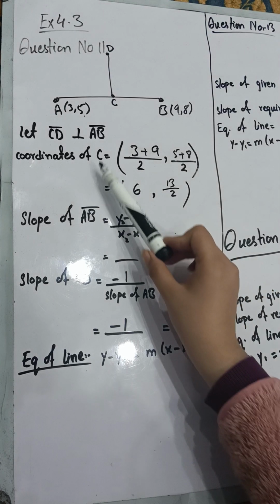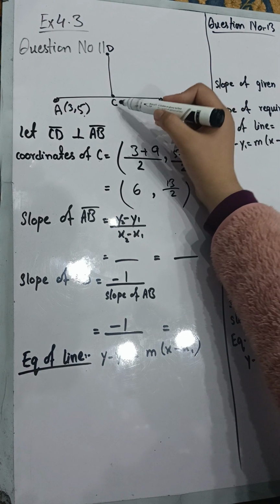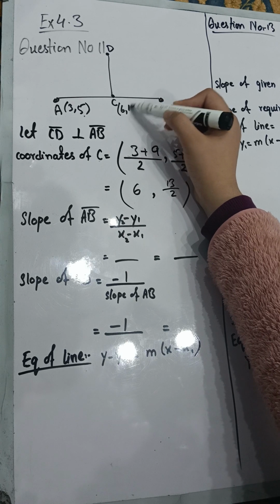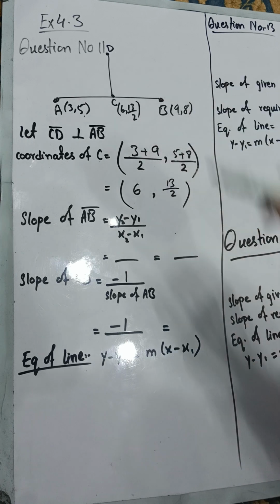Now we have found the coordinates of C. So the coordinates of C are 6 and 13 over 2.